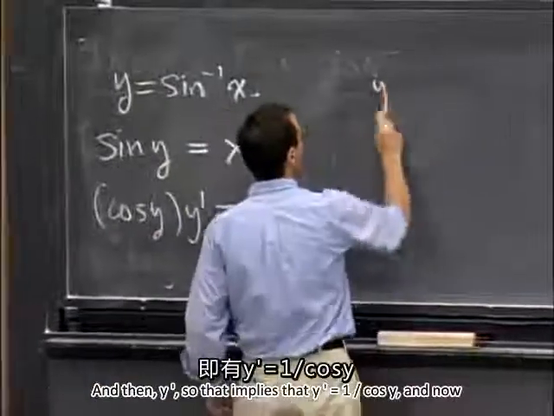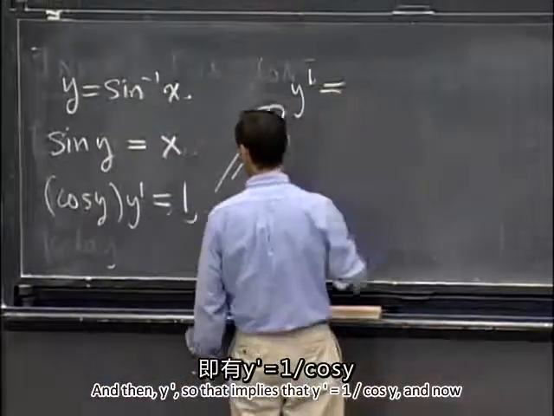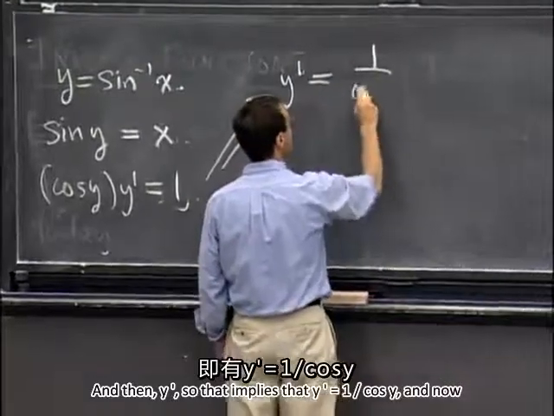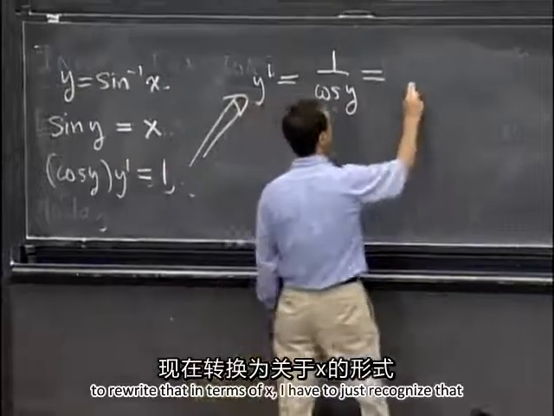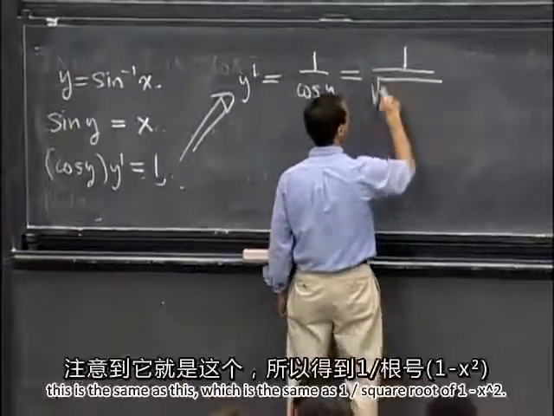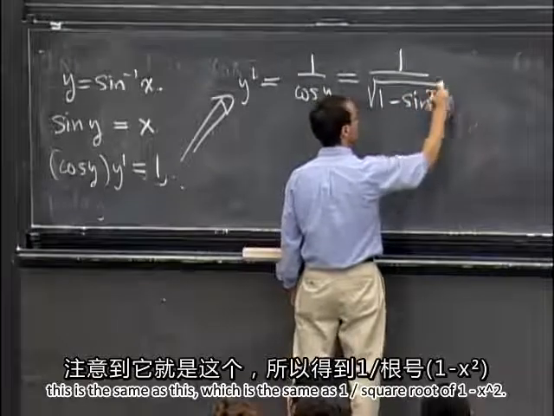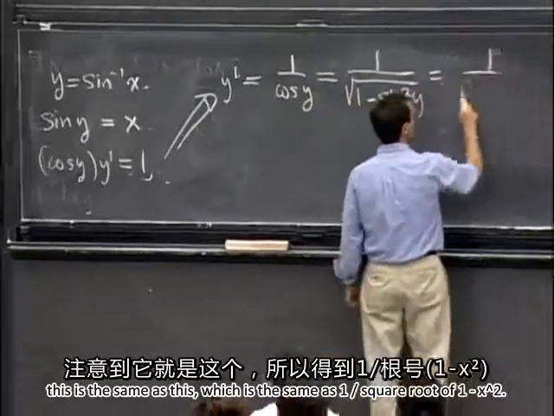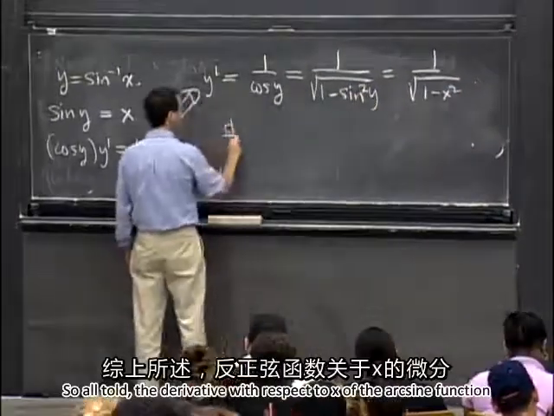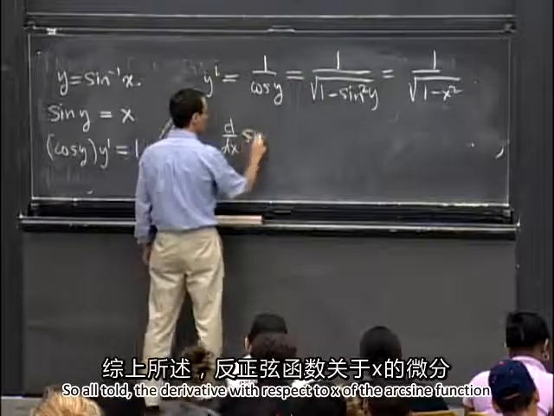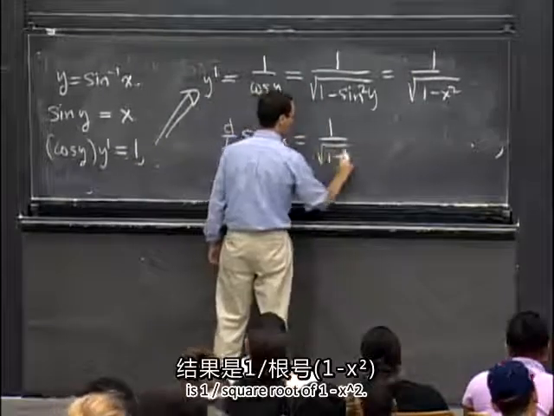And then that implies that y prime is equal to 1 over cosine y. And now to rewrite that in terms of x, I have to just recognize that this is the same as this, which is the same as 1 over square root of 1 minus x squared. So all told, the derivative with respect to x of the arcsine function is 1 over square root of 1 minus x squared.